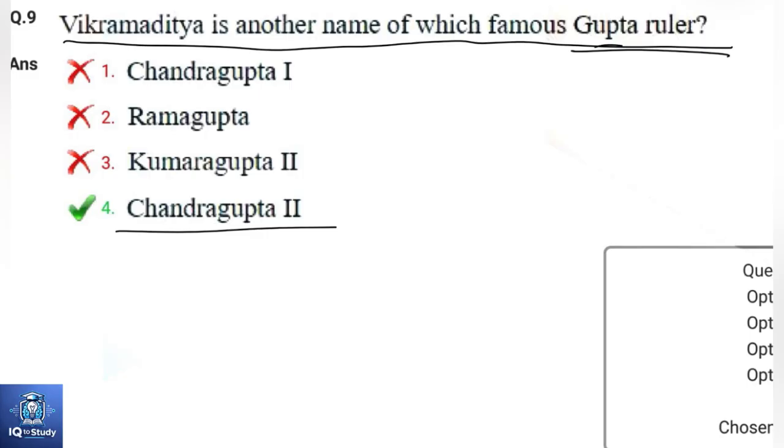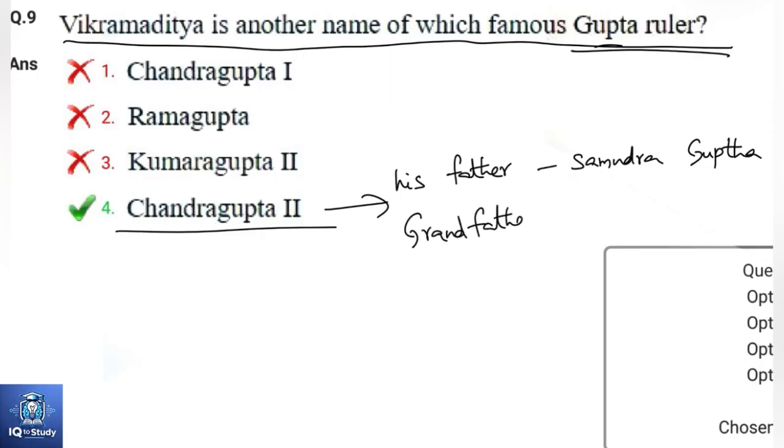He is the grandson of Chandragupta I and son of Samudragupta. And the title of Chandragupta I is Maharajadiraja.